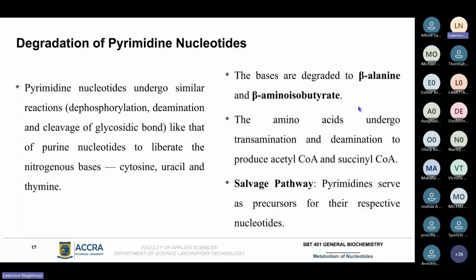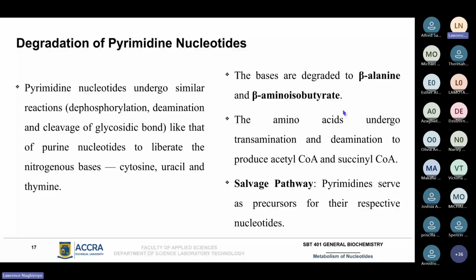And these amino acids will then go into what we saw earlier, metabolism of amino acids. When we're looking at metabolism of proteins, this will then go into the processes of transamination and deamination, and will produce acetyl-CoA, succinyl-CoA, which will go into the TCA cycle.